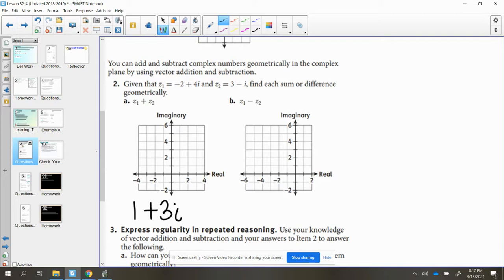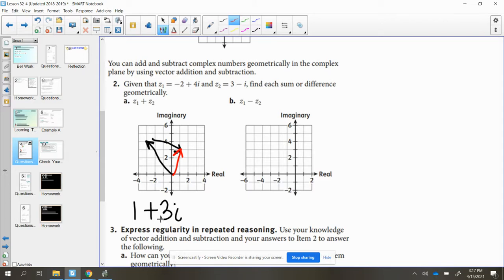So if we were graphing the originals, we would have -2, 4i represented here, and we would have 3, -1 represented as well from there. So we went to the right 3 and down 1. And so then our final answer here is the 1, 3i that we have represented down below.